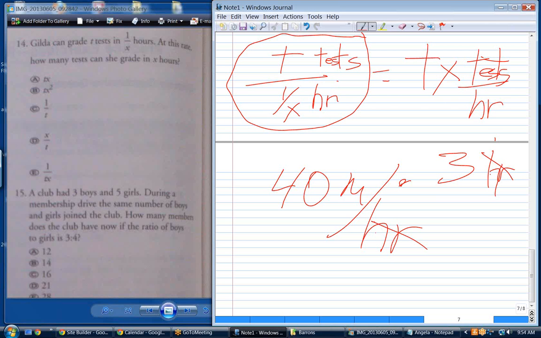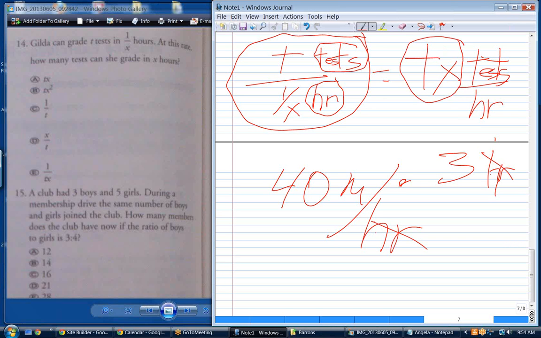Even though I've flipped the 1 over x, I don't have 1 over hr that I have flipped. In other words, my answer does not come out tests hours, it comes out tests per hour. So that's my grading rate.